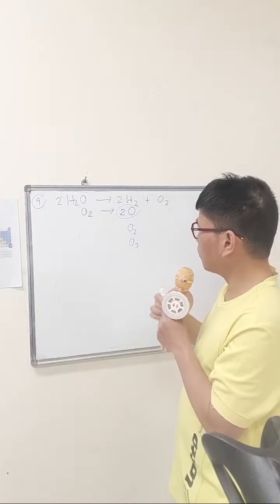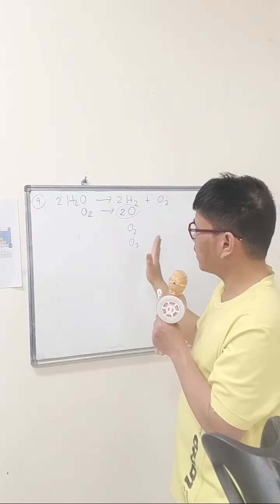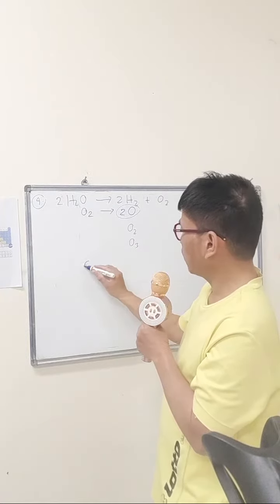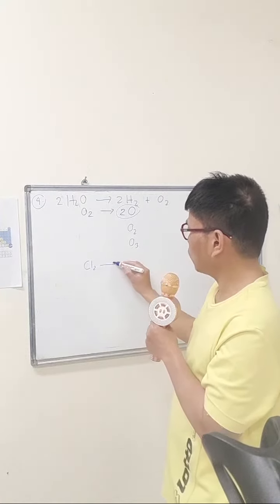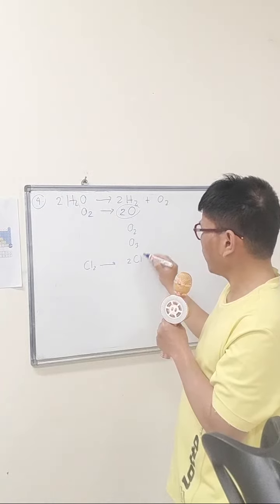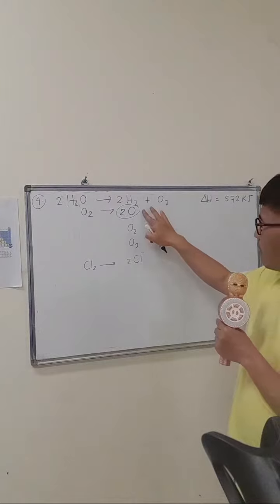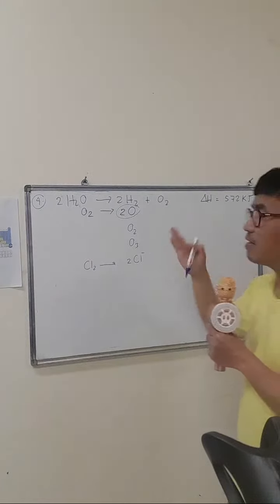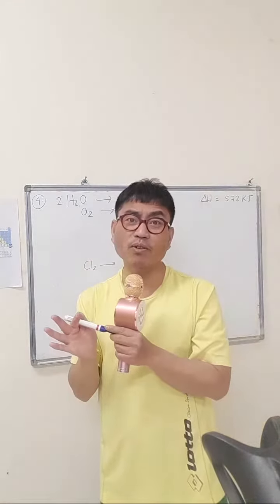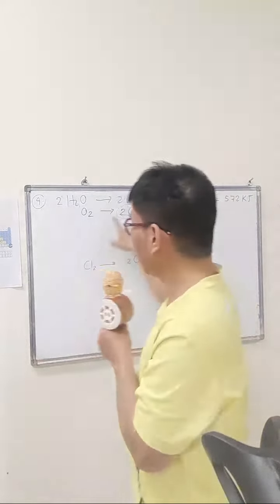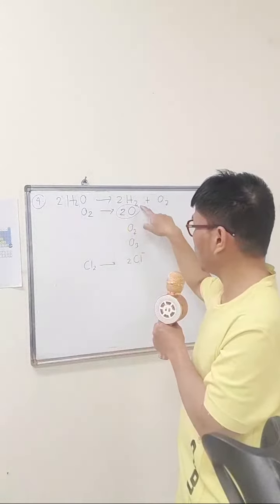Actually, it's just like the chlorine gas. Okay, and it will yield 2 chloride, something like that. But in here, it's not the halide family. It's not also the oxide, but it's really oxygen. Why? Because there's no charge. See, 2 oxygen, no negative charge, no positive charge.